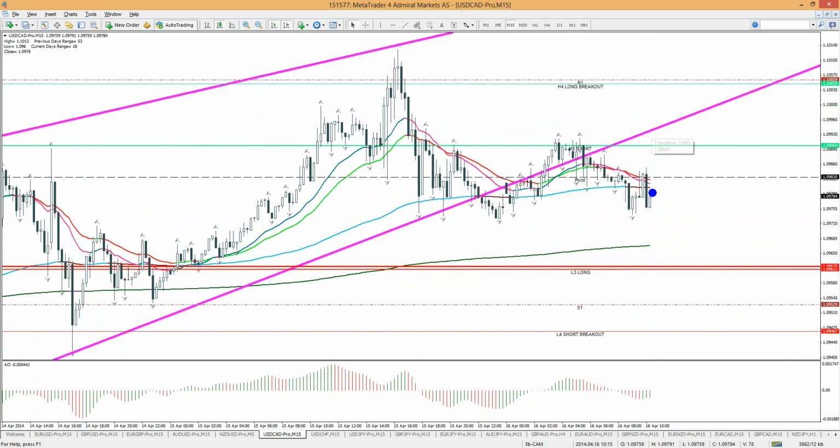But let's say it maybe hooks back, for instance, to H3 short, right? For instance, that could make sense. Could be like a double hook back here. Then we have more space to the L3 long than upon the break of the support.